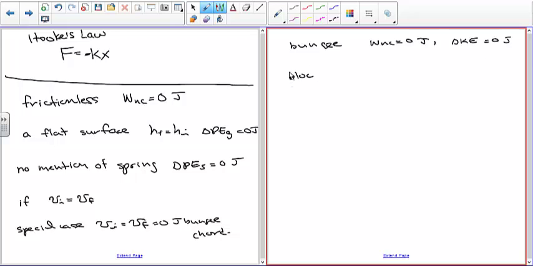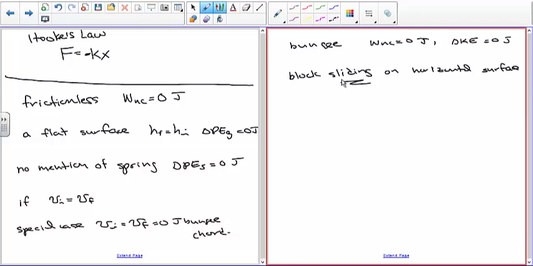If you have a block sliding on a horizontal surface, or anything sliding on a horizontal surface, so it's sliding, we couldn't say friction is equal to 0, or else nothing would happen, it would just keep going at a constant velocity.